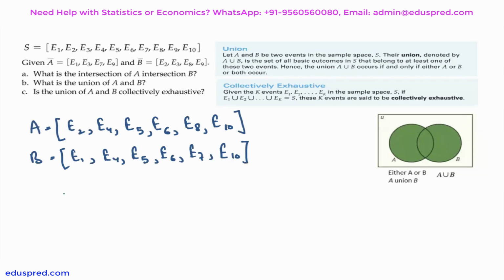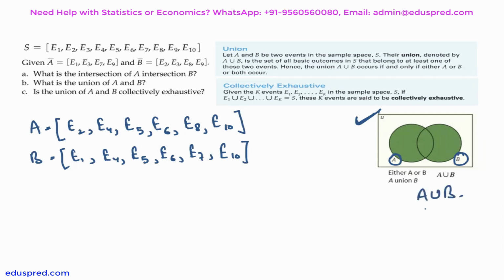Now the next part of the question says that we have to find the union of A and B. The union of A and B, if we look at the graph here, union means that all the outcomes which are either a part of A or a part of B are going to form a part of A union B as well.